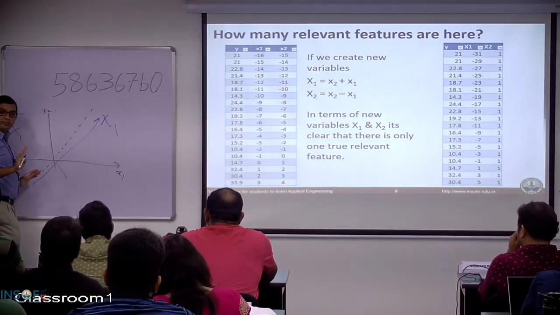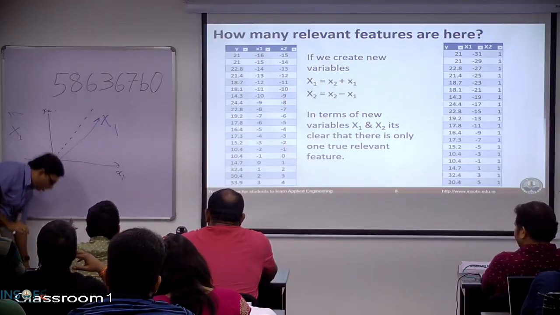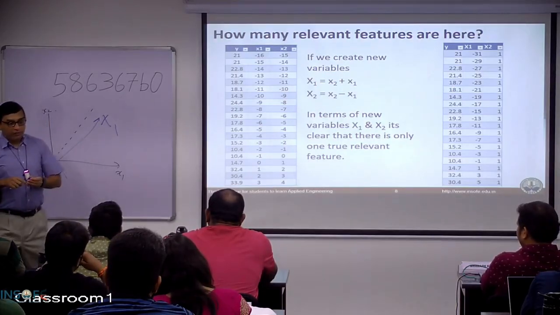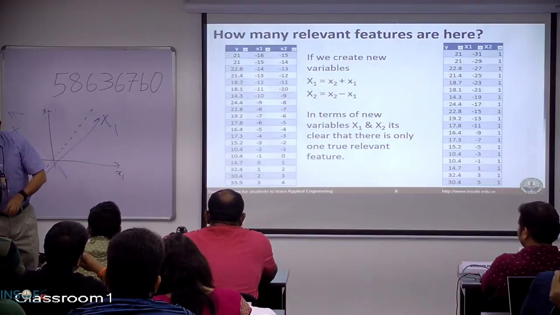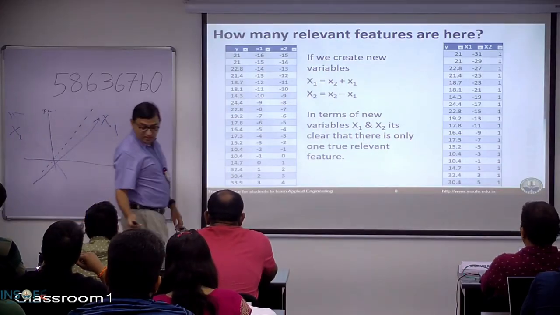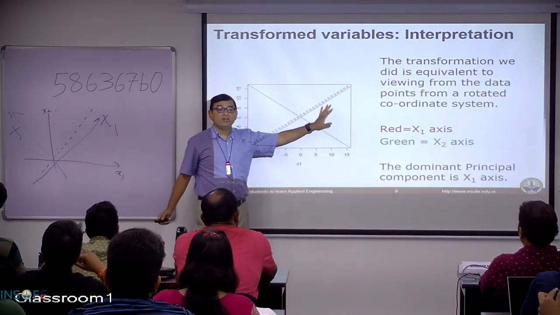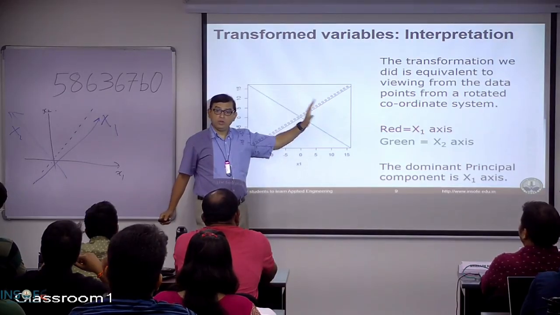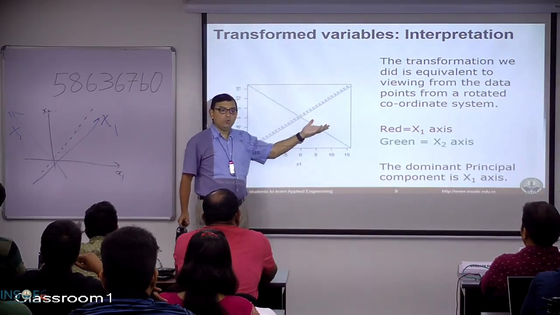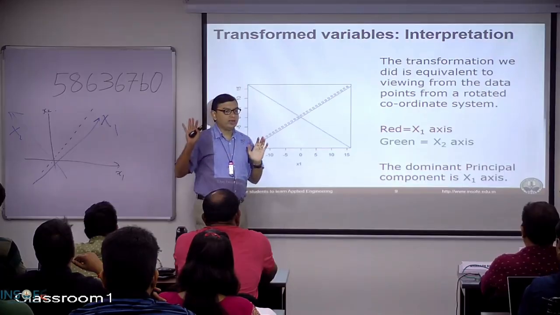That's what it did. It took the axis and rotated it, and when you rotate it, you again find that in only one axis there is variation. So that's what this graph is doing. The new variables are creating a new rotated coordinate system.